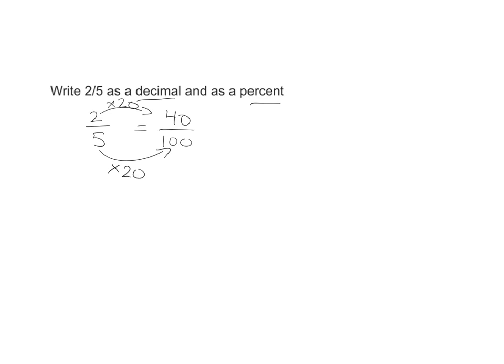So I have now noticed that 2/5 is the same as what? 40 out of 100, which I can write as 40%. Now next thing, they ask us to write this as a decimal. Well, here's the key thing with decimal. So remember, in front of the decimal place, this is our ones value.